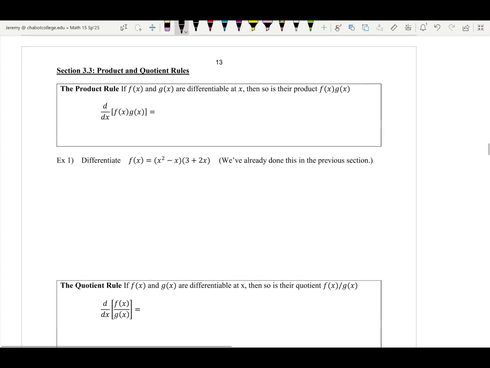The product rule. If f of x and g of x are differentiable at x, then so is their product f of x times g of x. And the derivative is equal to the derivative of f of x times g of x, not differentiating g of x yet, plus f of x times the derivative of g of x.